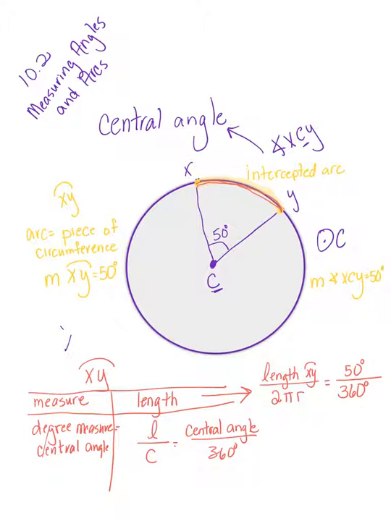Okay, and one little final piece I want to talk about. And this piece is not that terribly important. I just want to remind you that when you have arcs, again, pieces of the circumference, an arc whose measure is less than 180 degrees is considered a minor arc.